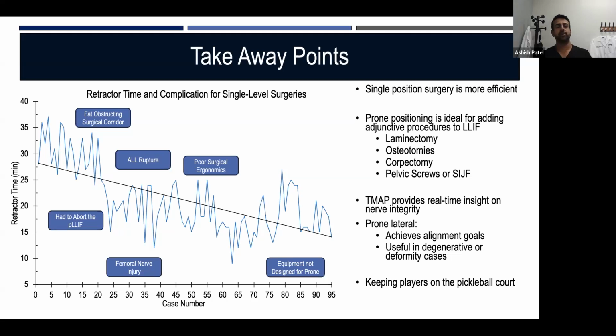So, when you have an ALL rupture and the implant looks that far anterior, the concern is obviously vessel injury. And thankfully, I never had a vessel injury. And when I place that ALL retractor now, every time, I'm placing a barrier between the ALL and the vessels.